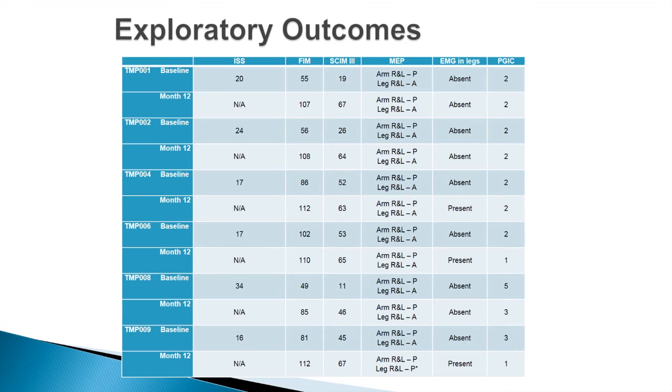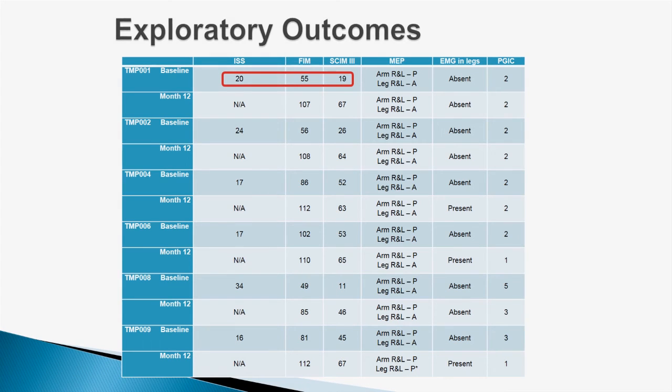So first thing, let's talk about injury severity and its relationship to function. There were 3 individuals that had significant trauma that did contribute to impaired function in the beginning. Individual right here had an injury severity score of 20 and had sustained a rotator cuff injury with his spinal cord injury.